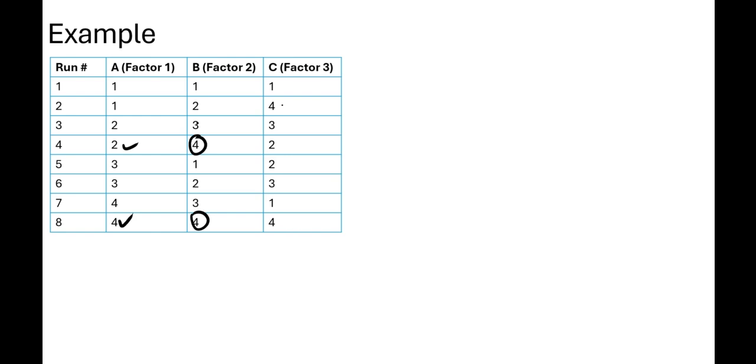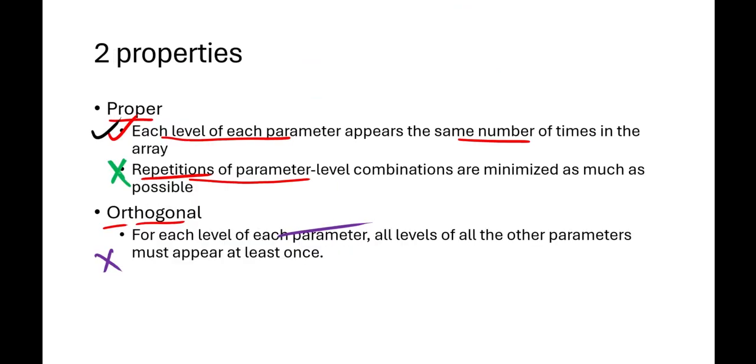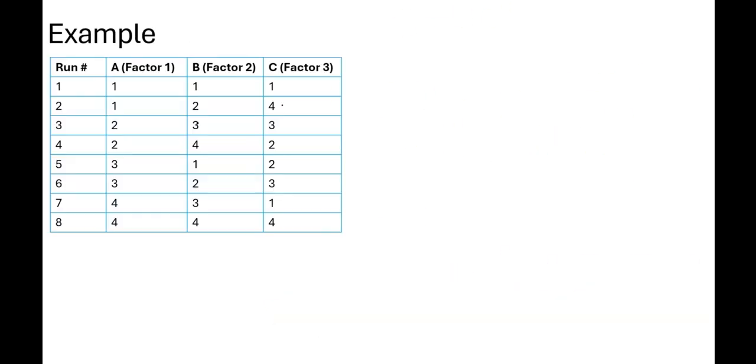But if it was something like 2 and then 2, you can see that when B is at the same level, C is repeated. Then it would be the violation of the rule. But in this case, no. That's the reason that we will just say that it passes the test. We can check other combinations as well. Now it is proper, it's okay.